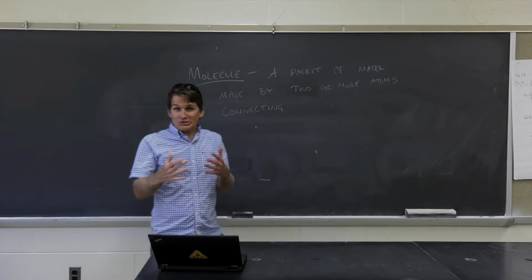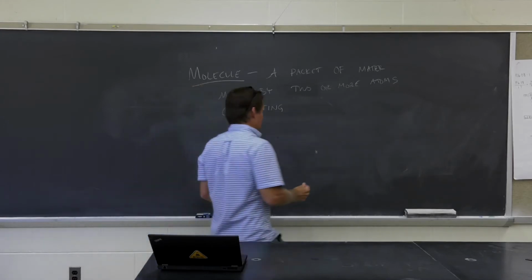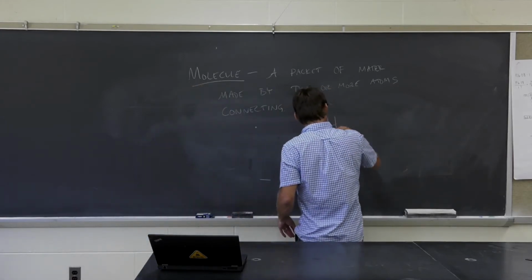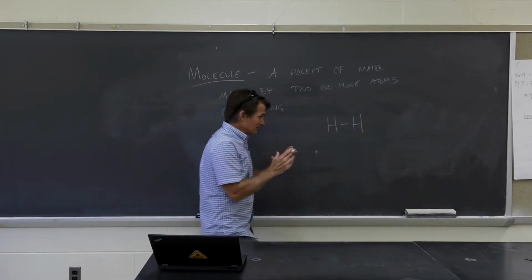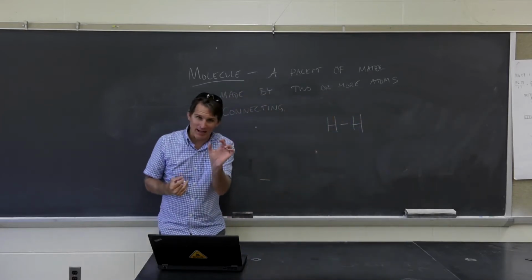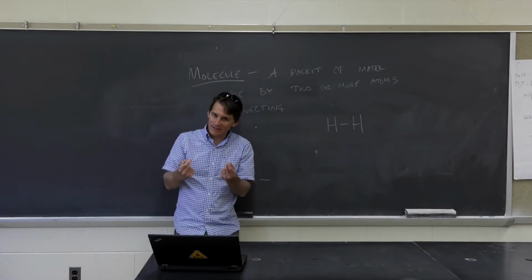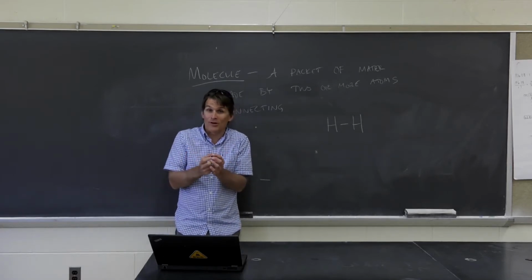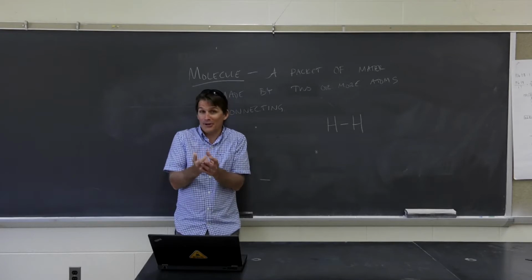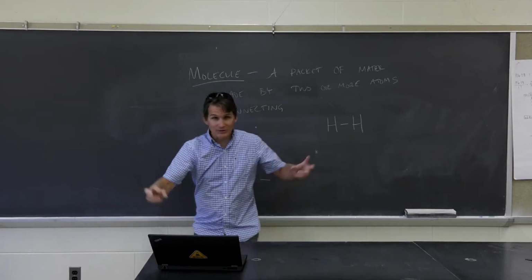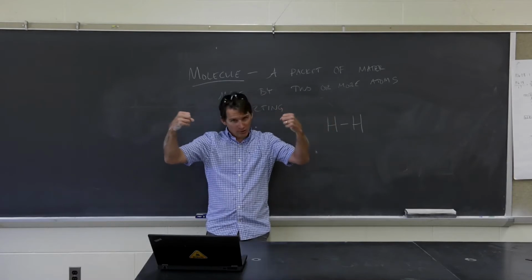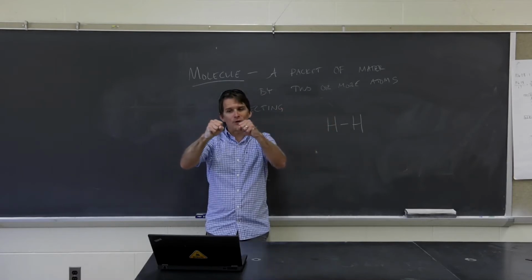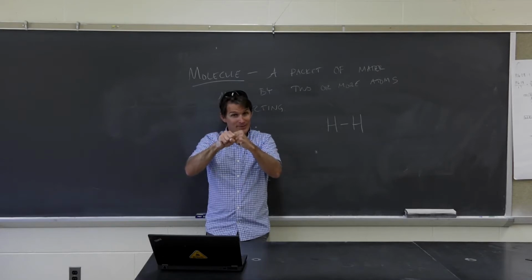So let's think of the simplest molecule that there is. It's actually hydrogen, and I'm going to draw two H's connected by a line. This is symbolic of what we think is going on in what we call the hydrogen molecule. You have these two separate hydrogen atoms, and we'll talk about this later in the course, but those two atoms combine, and they stick together chemically.